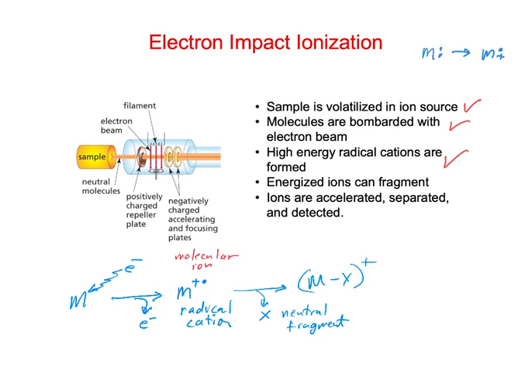Usually this neutral fragment, most commonly, but we'll see some exceptions, is a radical that we lose. And so then our fragment ions are no longer radical. Okay, we'll talk about some language to talk about these in a minute. So these are called the fragment ions.